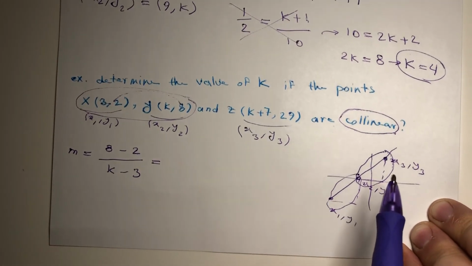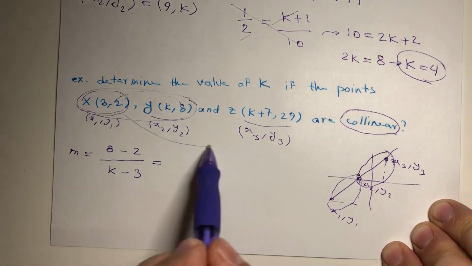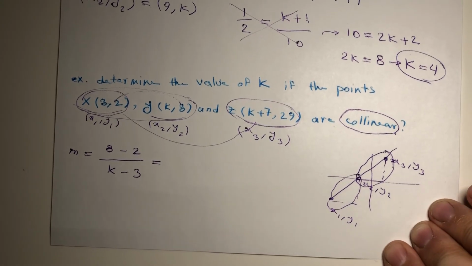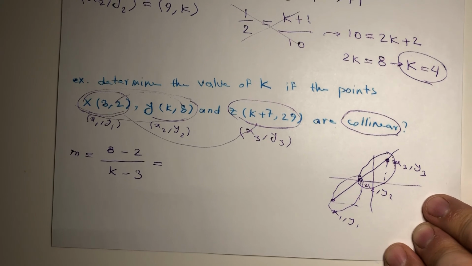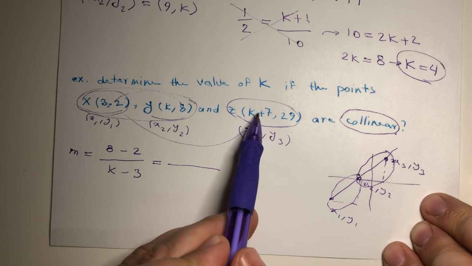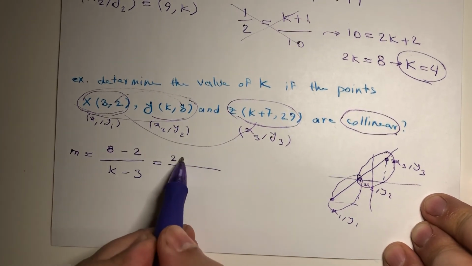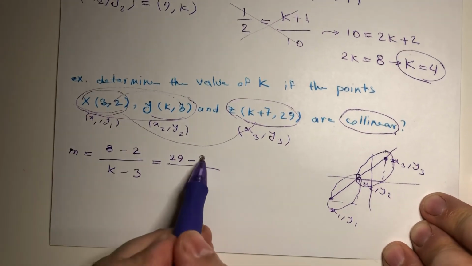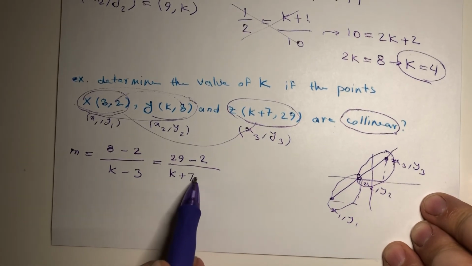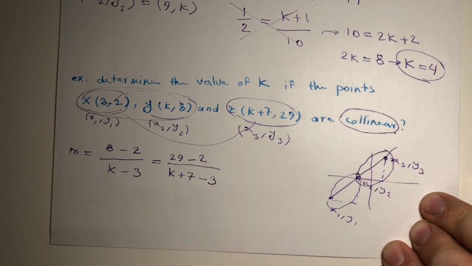Now, instead of these 2 points, let's use the first point and the third point. The slope should be the same, right? Because these points are all on the same line. Now, if we use the first and third points to calculate the slope, it would be 29 minus 2 over k plus 7 minus 3, right?